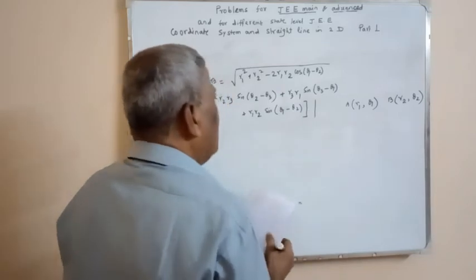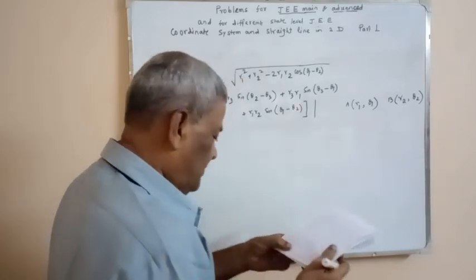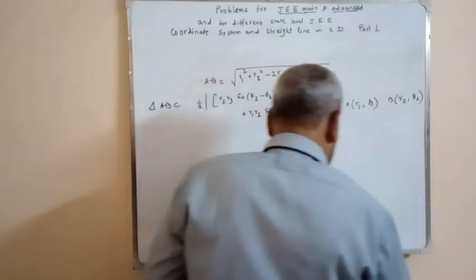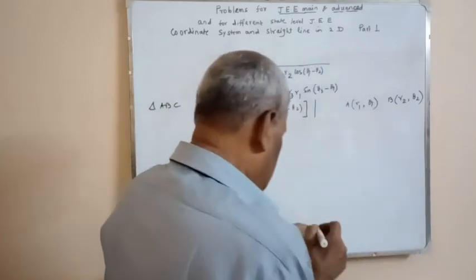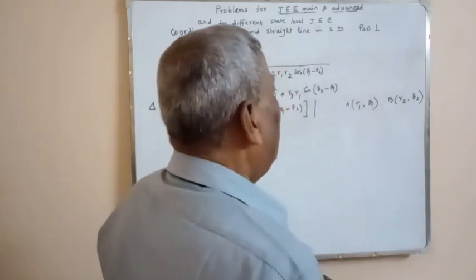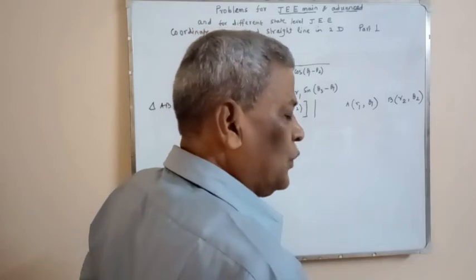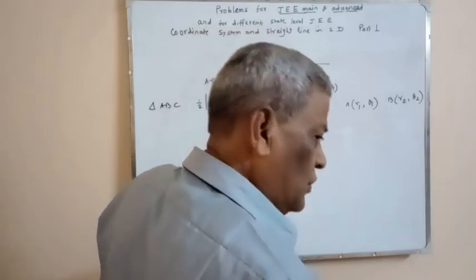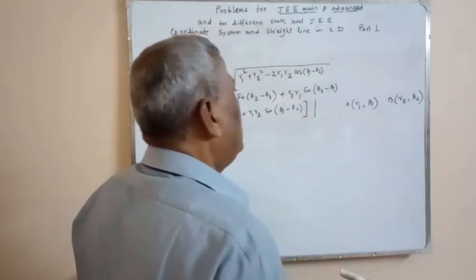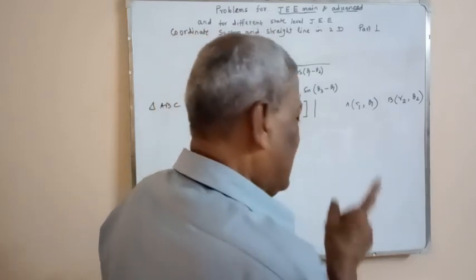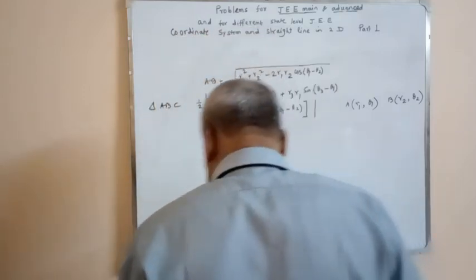Modulus sign, because area cannot be negative. More or less, these are the standard formula, and if there is something new, I tell you in course of solving problems. Next, straight line.